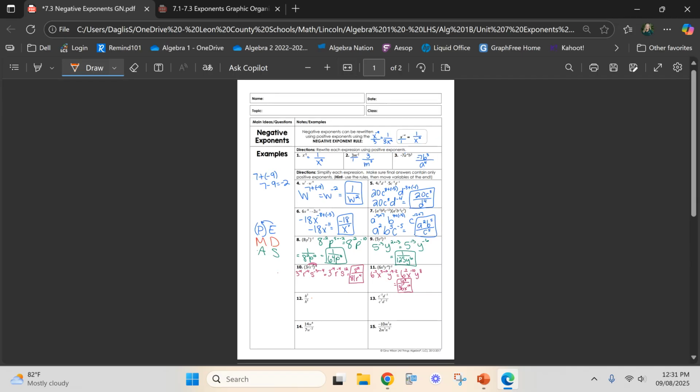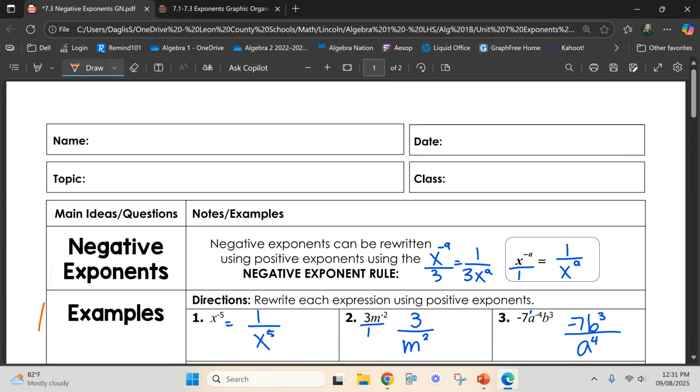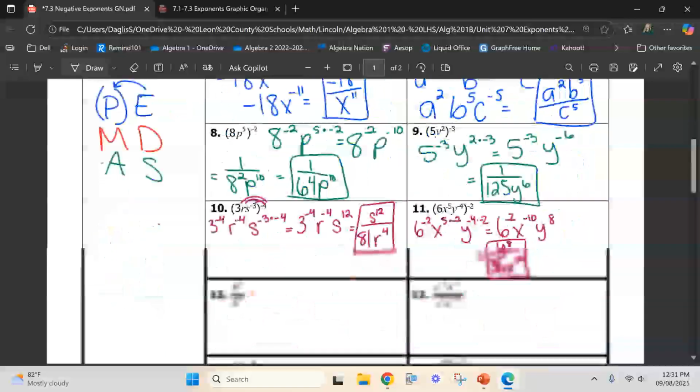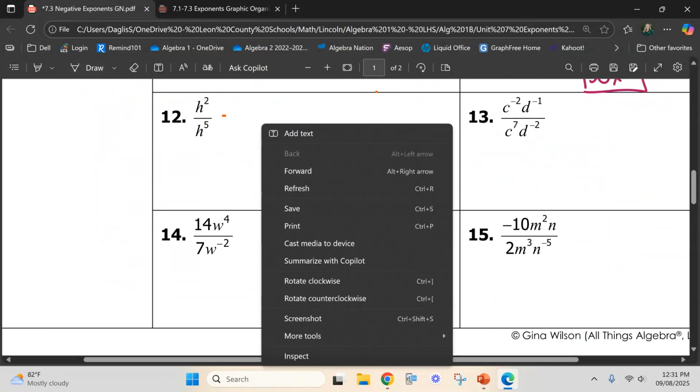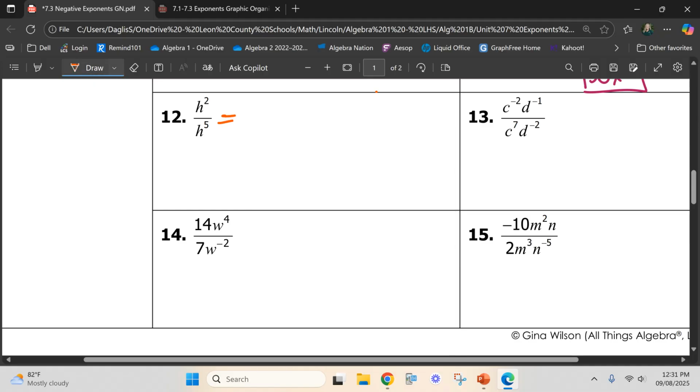So H to the 2 minus 5. You always do top minus bottom. Always. What is 2 minus 5? -3. So now I have H to the -3 power, which is going to turn into 1 over H to the 3.